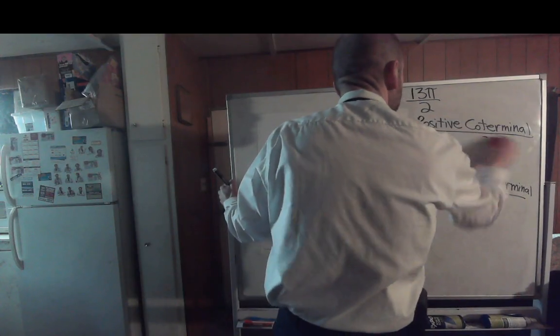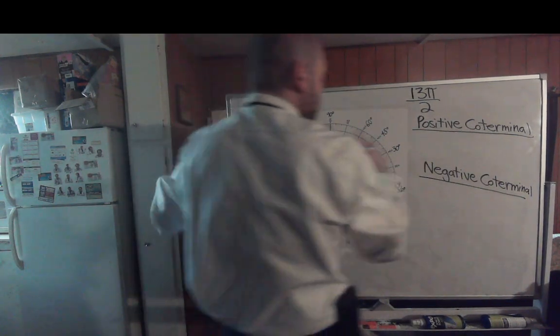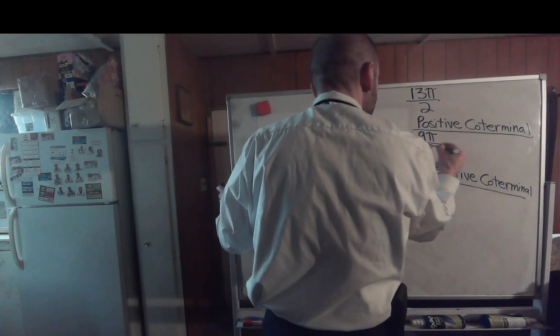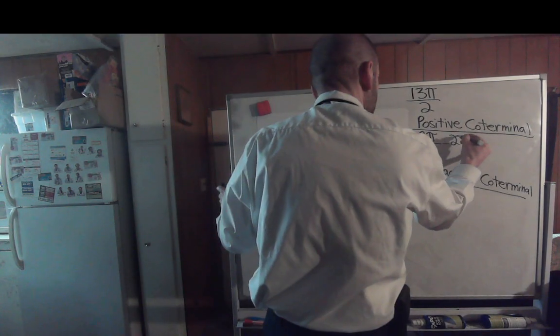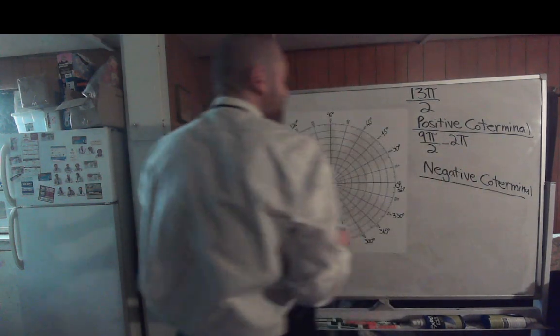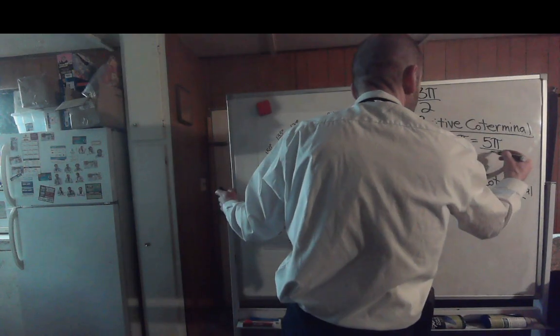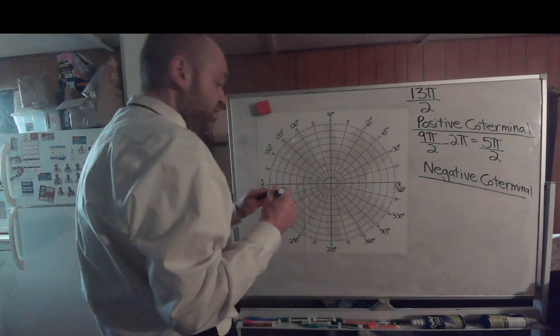But let's build from 9 pi over 2. I'd like to get it down below 2 pi. 9 pi over 2 minus another 2 pi. Well, that's another 4 pi over 2 down, so that would give you 5 pi over 2. That's another possible coterminal angle.